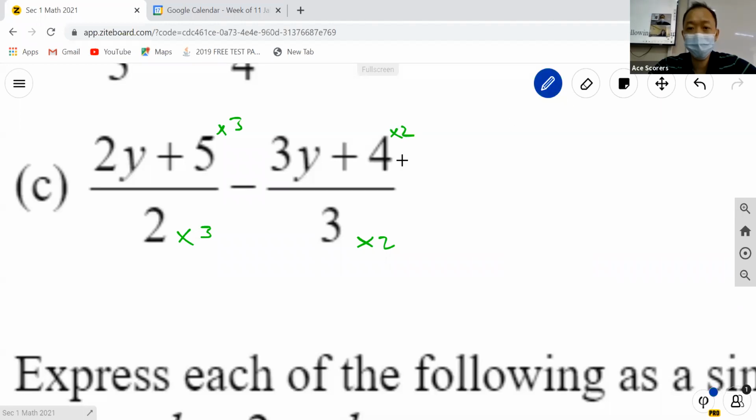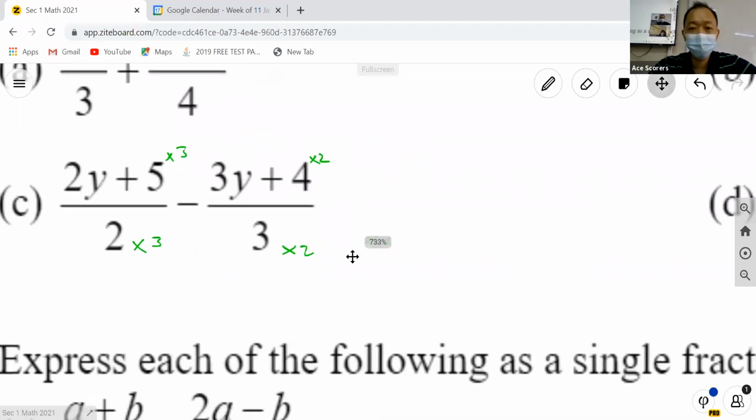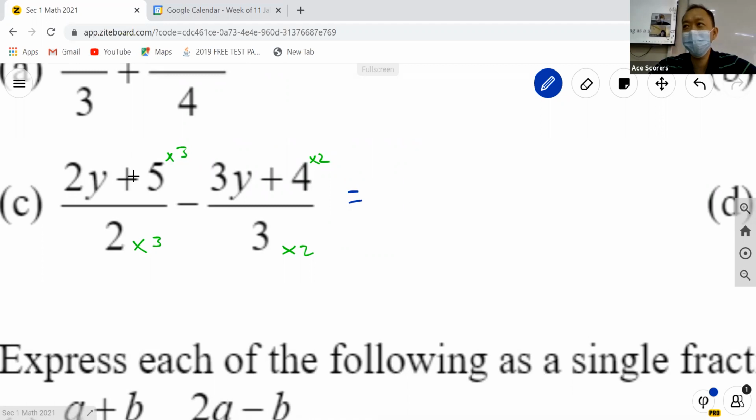Now what do we end up with? Three times of 2y plus 5. By now you all should be very fast already. 3 times of 2y plus 5, I'll get 6y plus 15 over 6. Okay, and then here 3y plus 4 times 2, 6y plus 8 over 6.